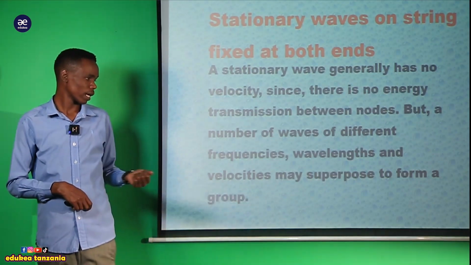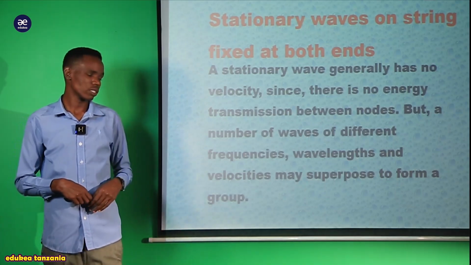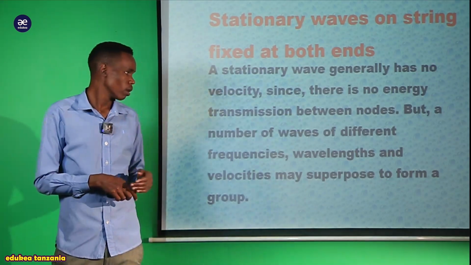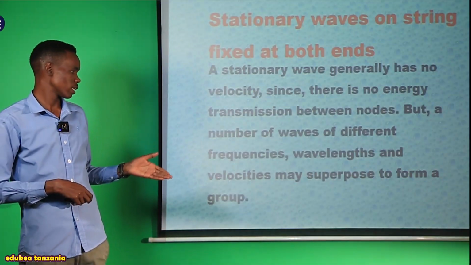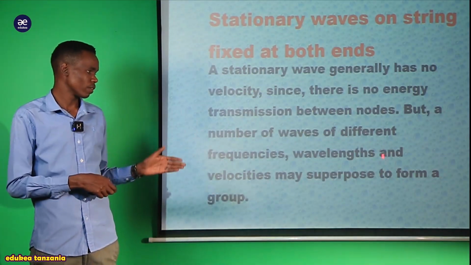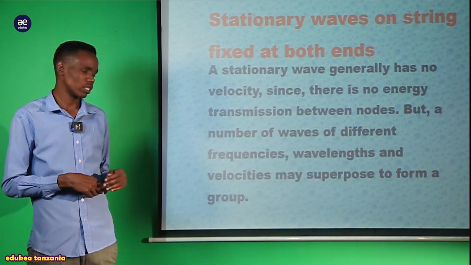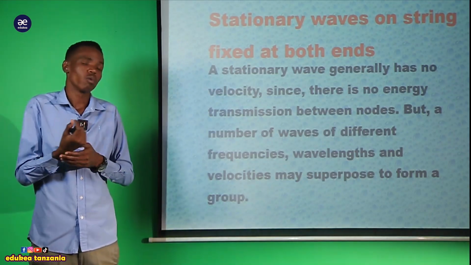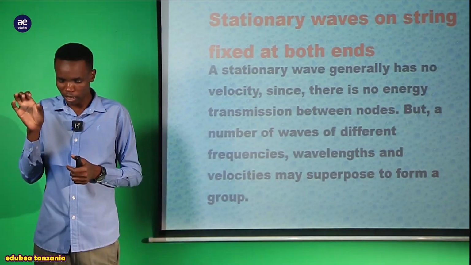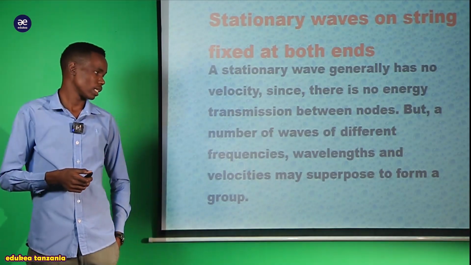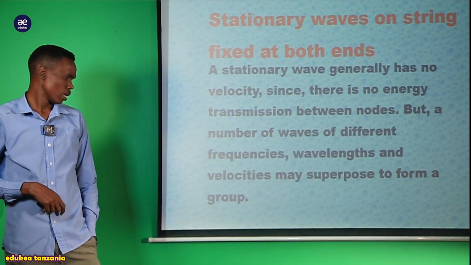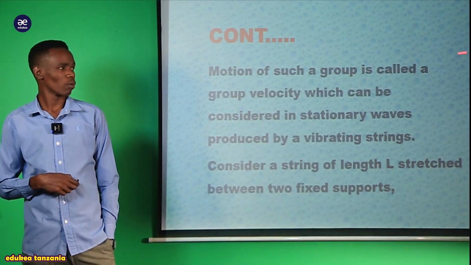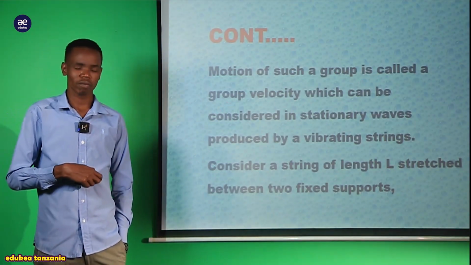These waves of different frequency, together with wavelength and velocity, may superpose with the aim of forming a group, my dear students. So we have been told that the motion of such a group is called a group velocity.